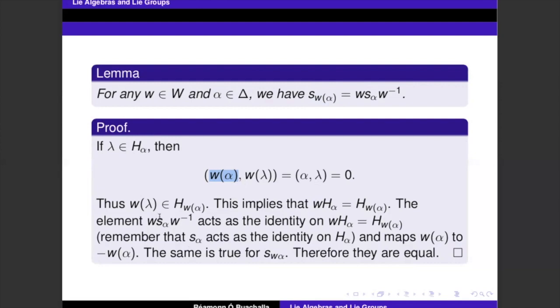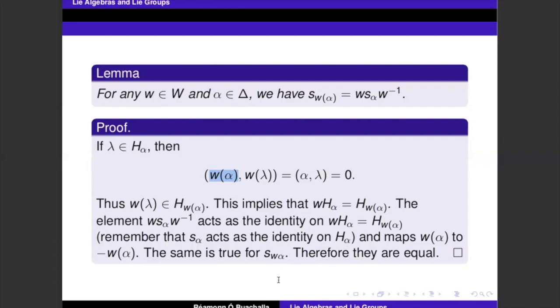So in fact, the W inverse is going to cancel with the W inverse. The S just acts as the identity, and what are we left with? We're left with W alpha again, and it maps W alpha to minus W alpha. Okay, and then the same is true for S of W alpha. Therefore, the two things are going to be the same.